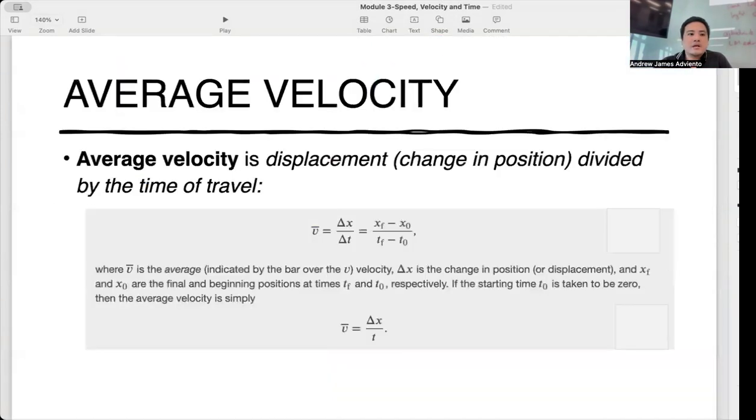The average velocity is defined as displacement divided by time. Because displacement includes direction, average velocity is considered a vector quantity. This means that two motions with the same speed can still have different velocities if they move in different directions.